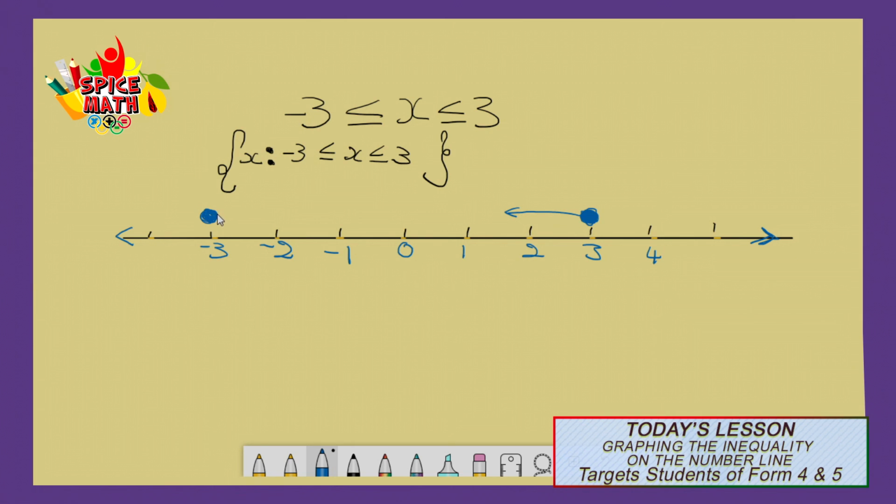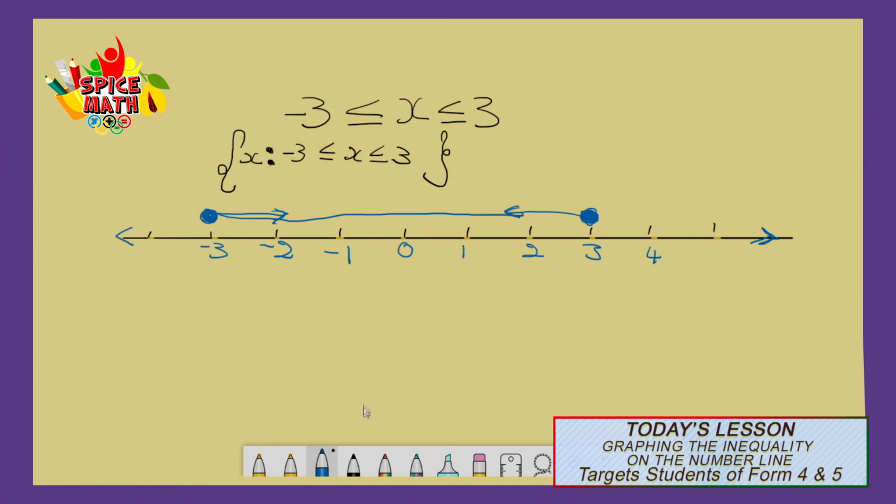However, x is bigger than -3, so I'm going this way. I can leave my number line this way, but I can also connect with a straight line. So whether I place the arrows on the straight line that connects the two dots or not, it is still correct.